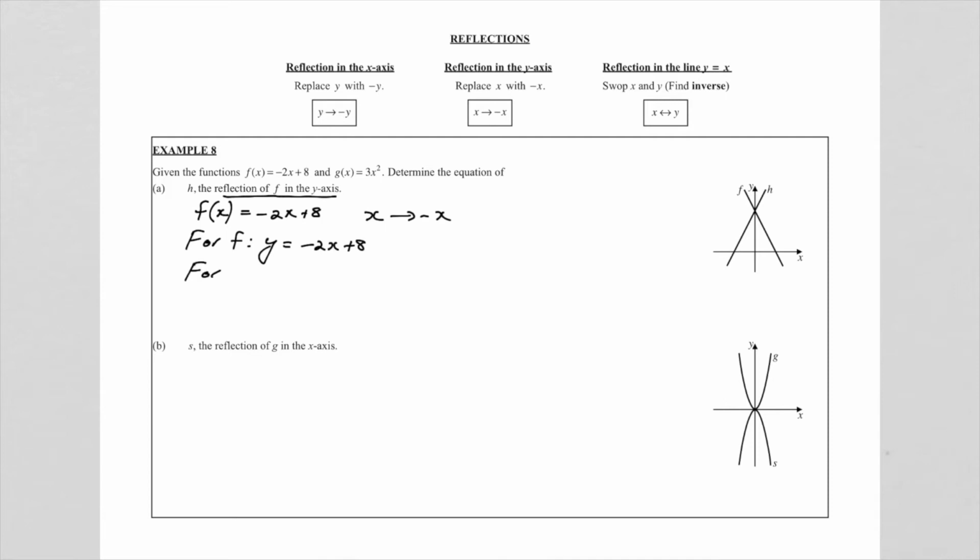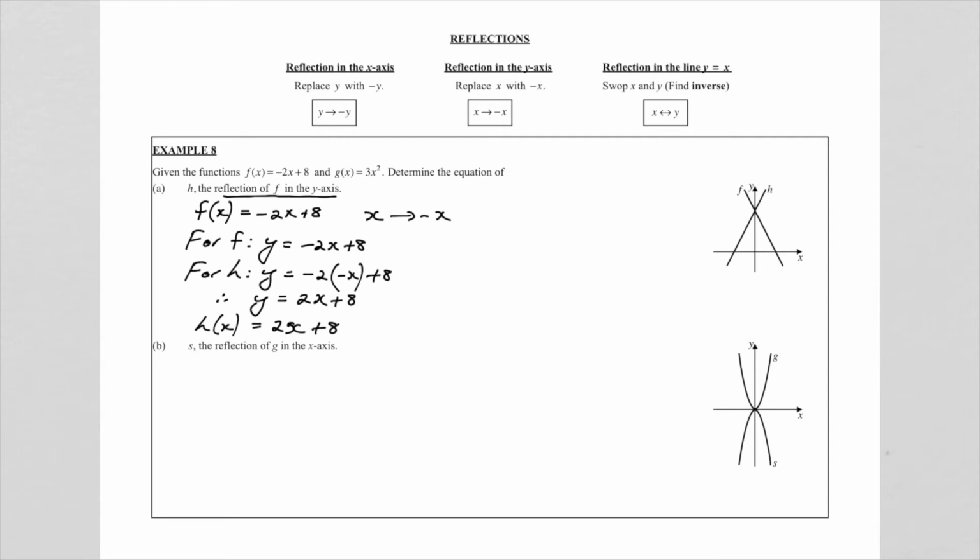And then we say for h, y is equal to minus 2, and the x now becomes minus x, plus 8. So that means y will be 2x plus 8. So our final answer then will be h(x) equal to 2x plus 8. So that is the reflection in the y-axis.